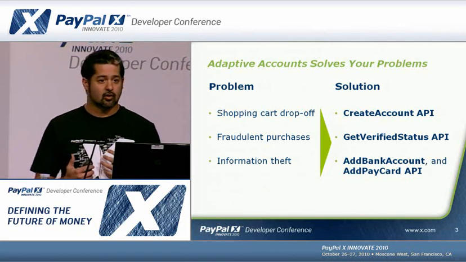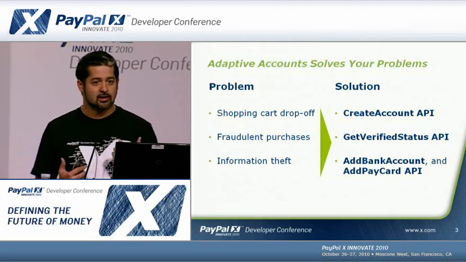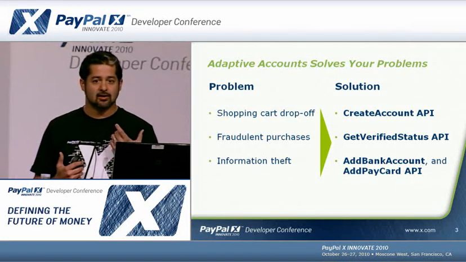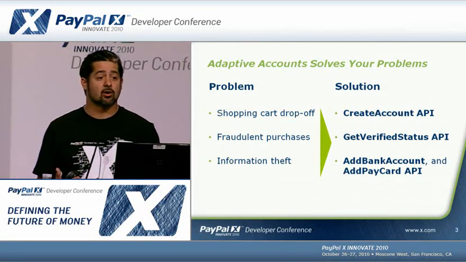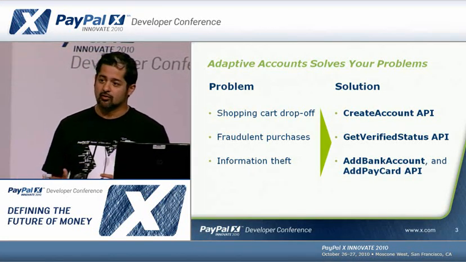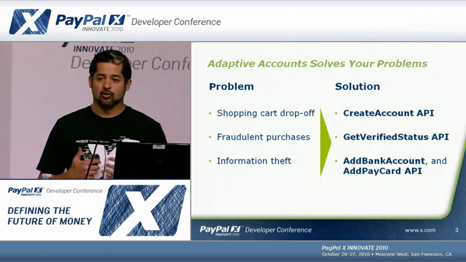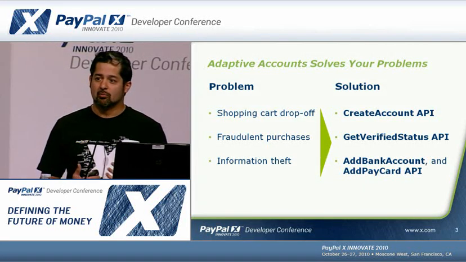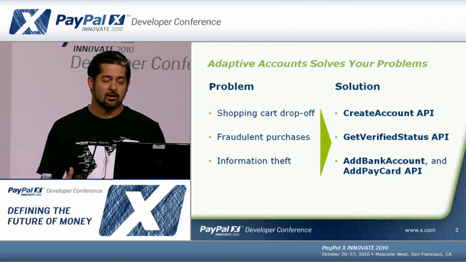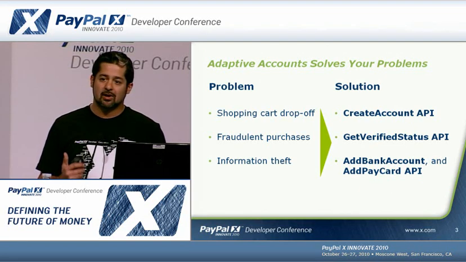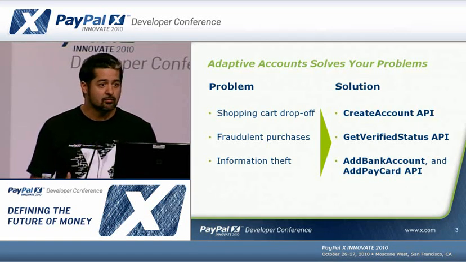And one of the things that they start experiencing, a data point that's very relevant and sticks out at them, is shopping cart abandonment. So you have a number of users and customers coming up, looking around, browsing around, but leave without actually transacting, simply because they do not have a PayPal account.